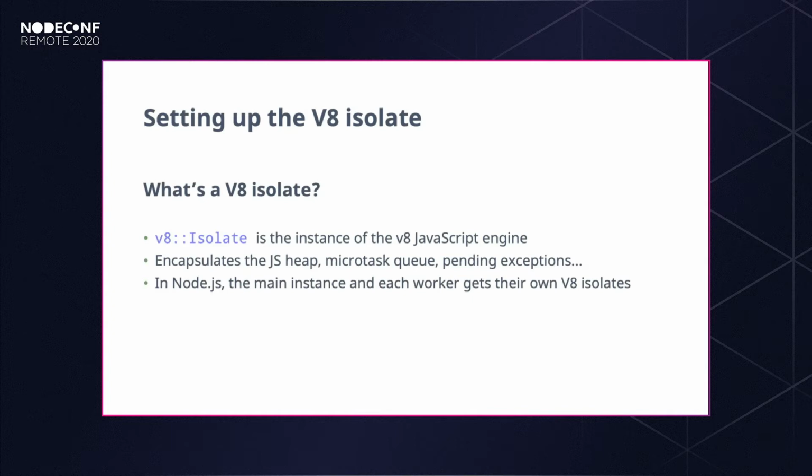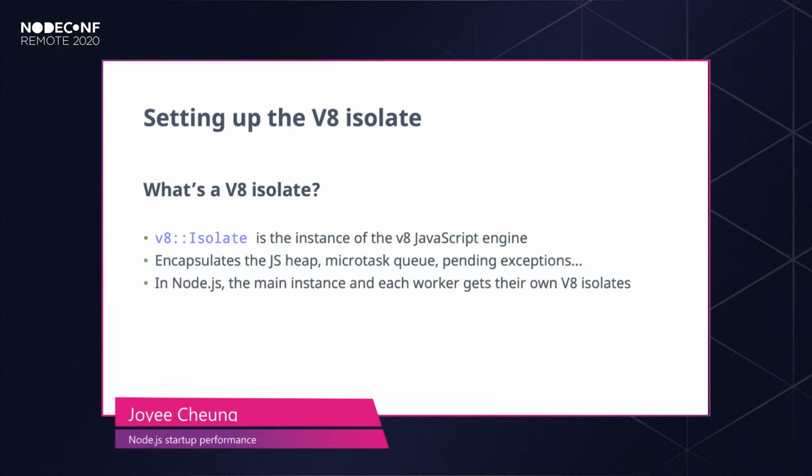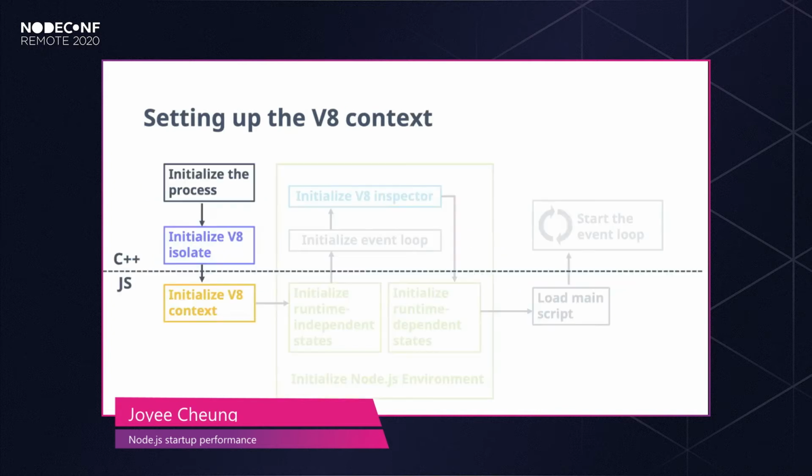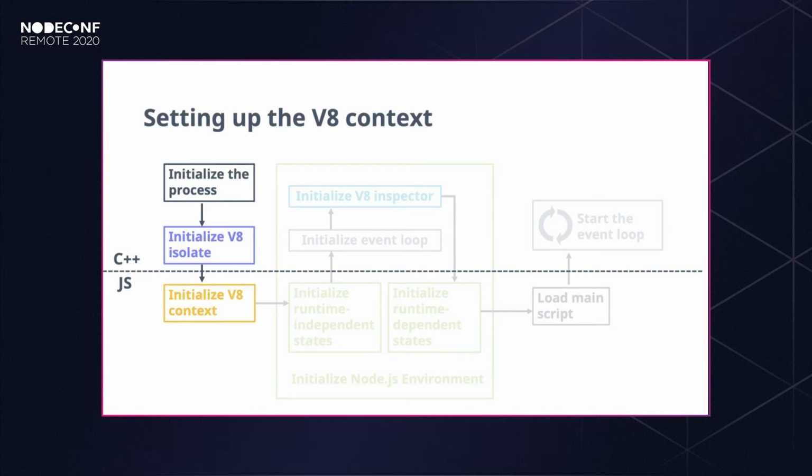In Node, the main instance has one V8 isolate to execute JavaScript. And if in the process there are workers created using the worker_threads module, each of them gets their own V8 isolate. So the process and the V8 isolate are initialized from the C++ layer.